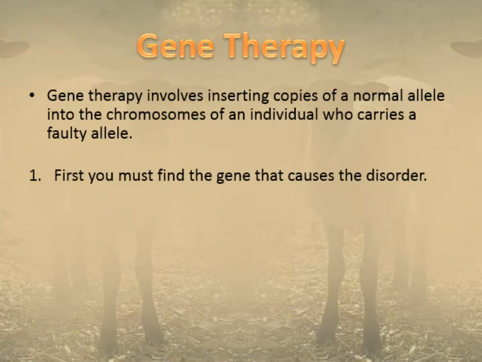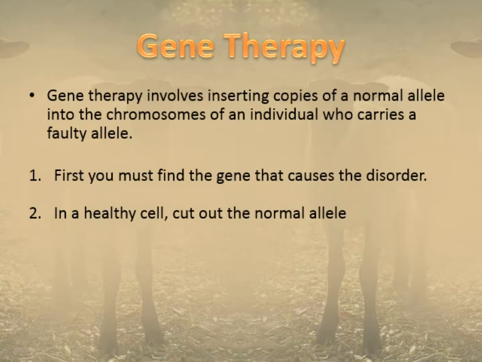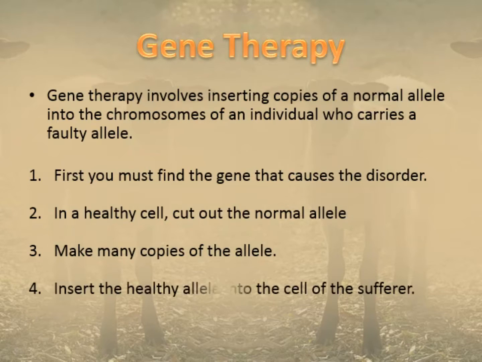So you find the gene that causes whatever disorder they have, and in a healthy cell you cut out the normal allele. You make many copies of that allele by inserting it into bacteria, as we saw before, and we insert the healthy allele into the cell of the person who has the disorder. Now, that is to change one cell.